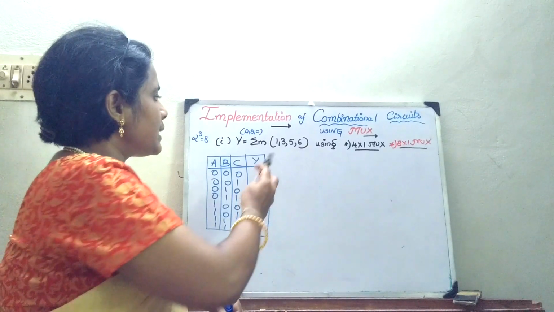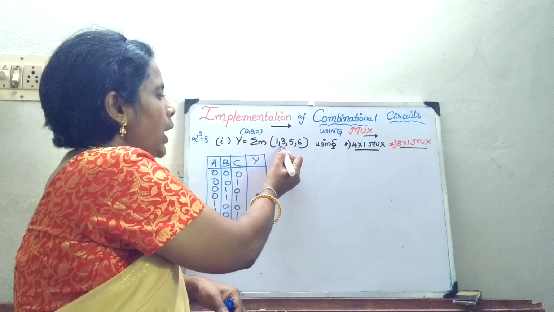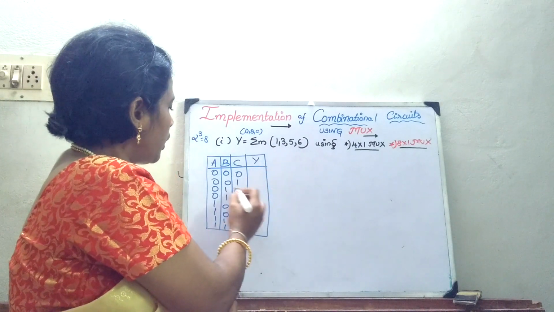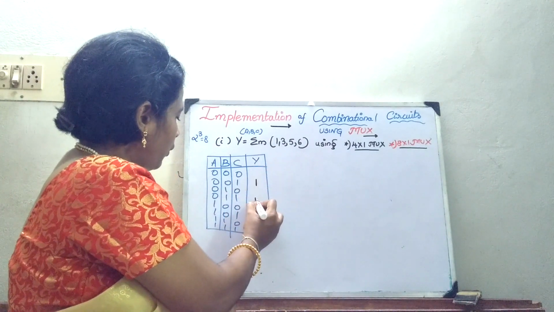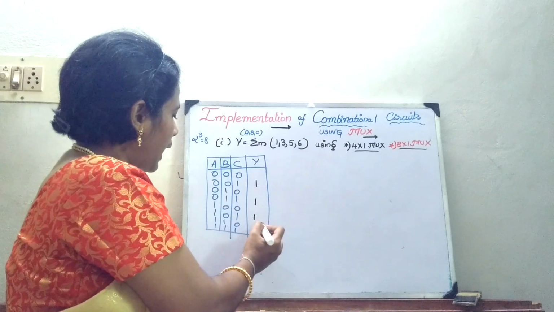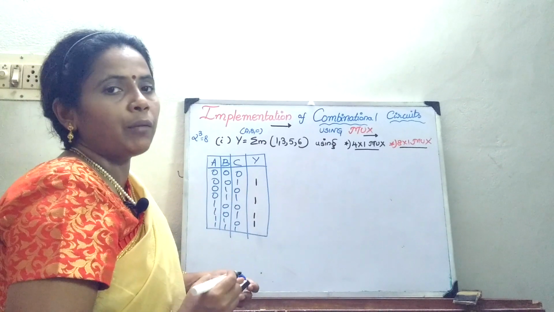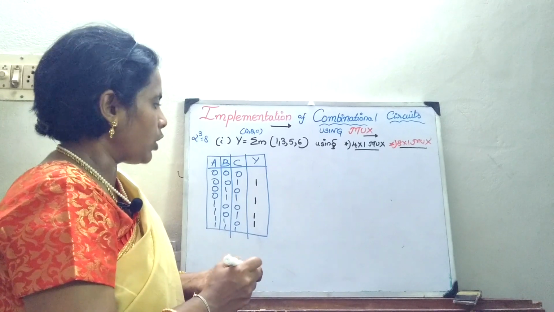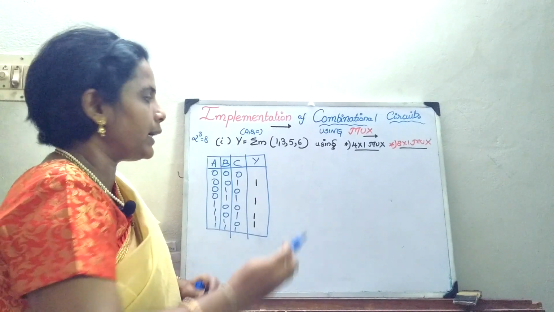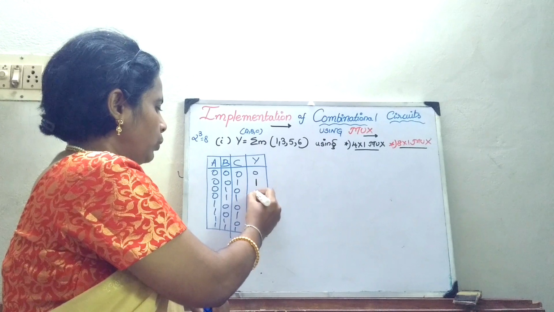It indicates that you have the output as 1 for 1, 3, 5 and 6. Corresponding to 1, 3, 5 and 6, I am having the output as 1. In all other places, I will mark it as 0.